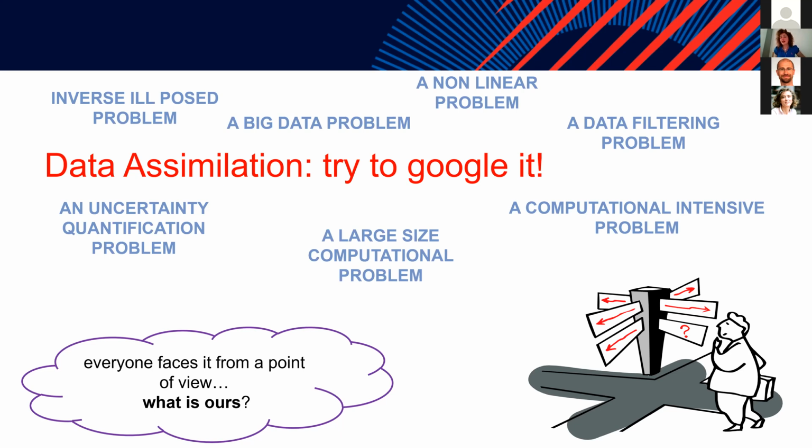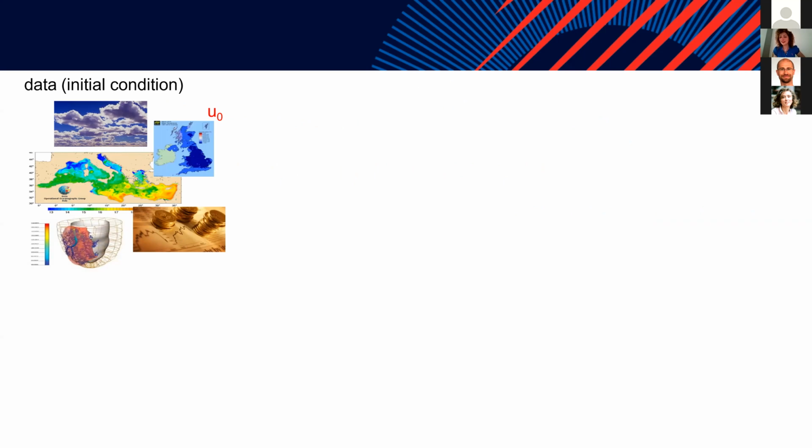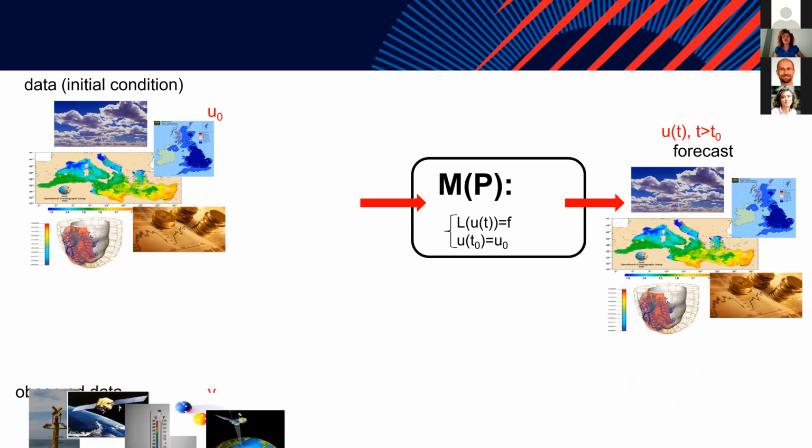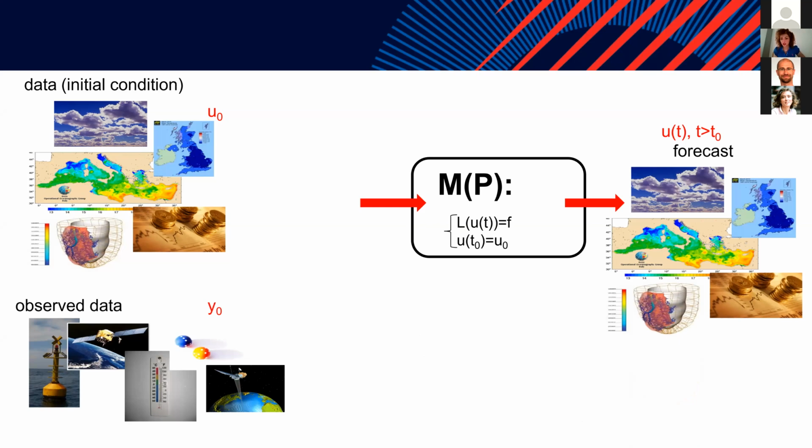But independent of which definition you want to give to data assimilation, if you try to give a mathematical definition of the model, it works for any kind of definition. So essentially, what is data assimilation? Just to give you a quick recap. You have your data, then you have your model, then you have your forecast, as expected, like in the previous slide. Then imagine you have any other kind of information.